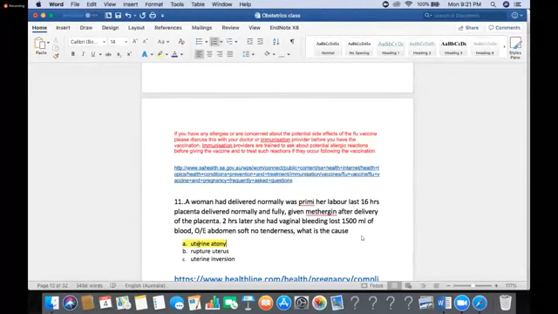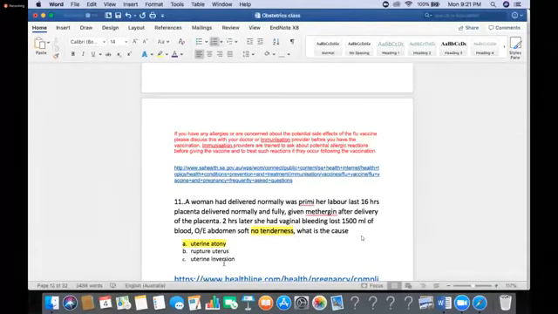So, before selecting the option, what key point do you have to pick in the question to arrive at your answer? No tenderness. Yes, good. So no tenderness will be there in uterine atony. If there is rupture, definitely the patient will have tenderness along with blood loss.